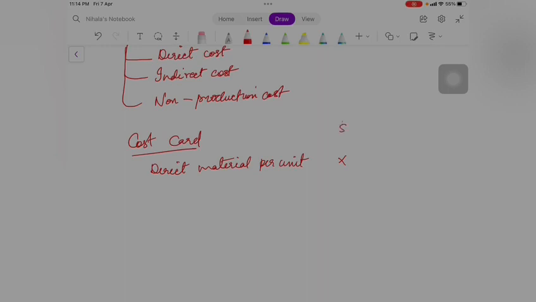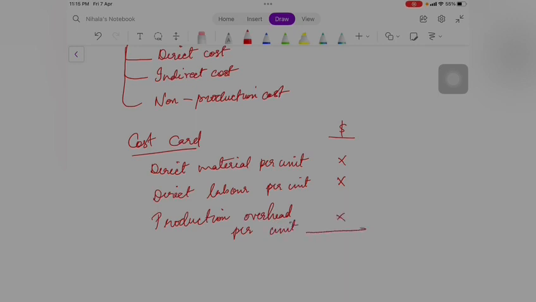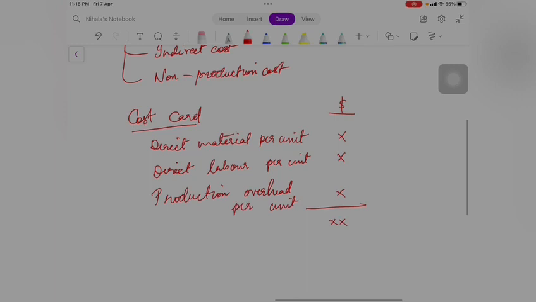And the direct labor per unit, and also the production overhead that is involved in producing that particular product. So all these together become the full production cost of the product.